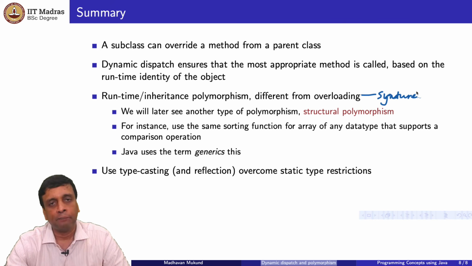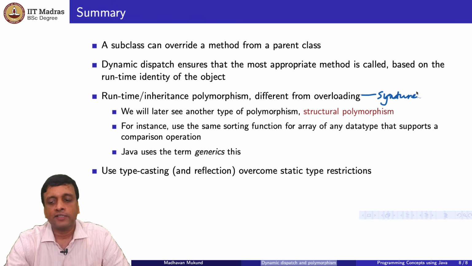So long as I have a comparison function between objects in an array, it doesn't really matter whether these objects are integers or strings or more. I could have a way of comparing dates, for example. A date can be compared in terms of the day, month and year. Or I could even compare lists in terms of their length. So there could be many different ways of sorting an array of objects, so long as we have this one common feature that I can compare.